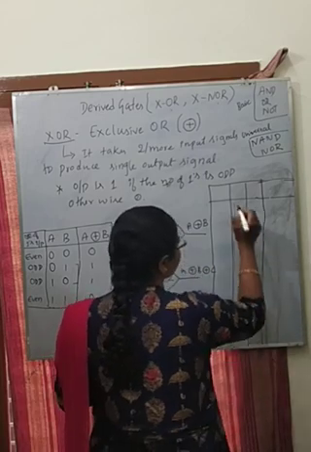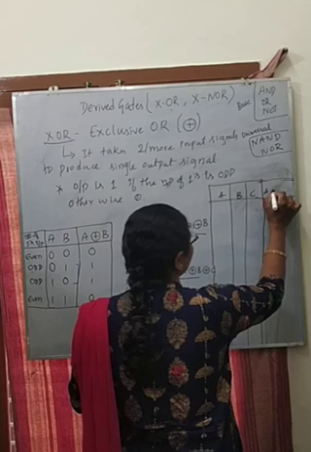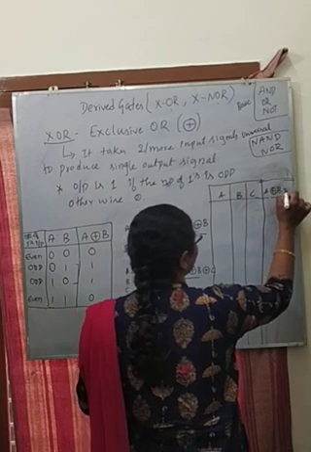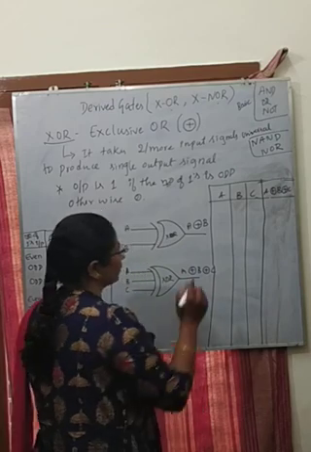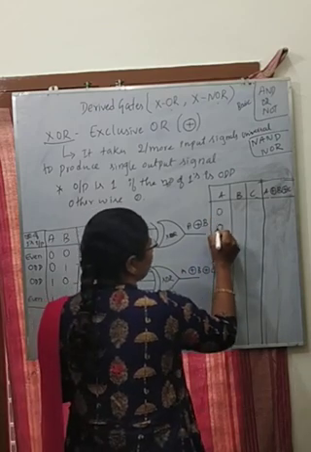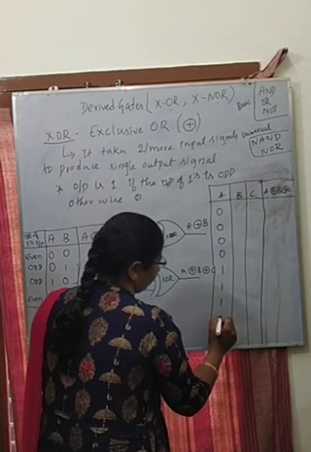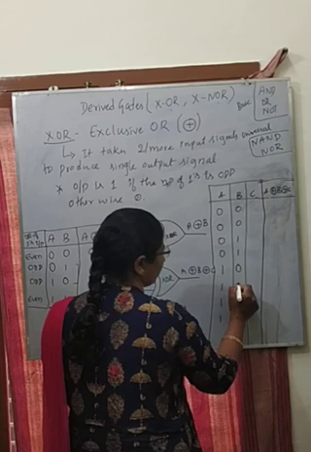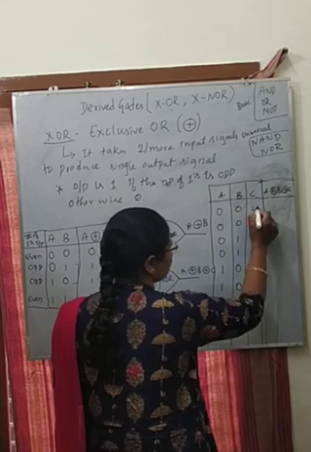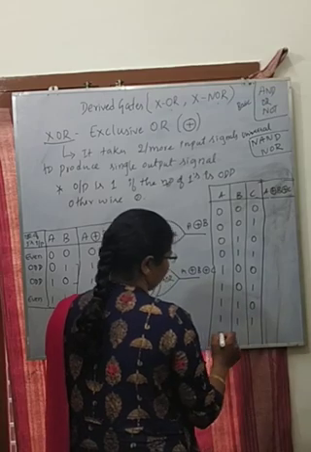A, B, C, and A XOR B XOR C. The inputs are 0, 0, 0, 0, 1, 1, 1, 1. Here 2 zeros, 2 ones, 2 zeros, 2 ones. Then 0, 1, 0, 1, 0, 1, 0, 1.